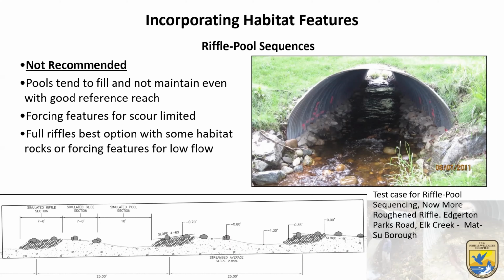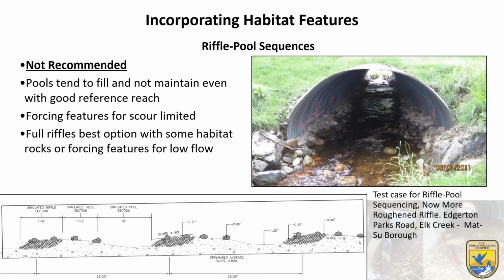Maybe ideally the length of your culvert would be within the length range of a normal riffle within that system, and you can make the entire thing a riffle. But if the length of your culvert has pools and riffles in the same length within your reference reach, we still don't recommend that because they tend to fill.